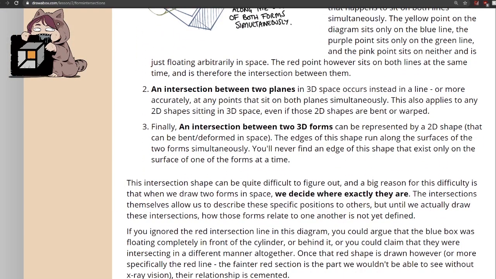Finally, an intersection between two 3D forms can be represented by a 2D shape that can be bent or deformed in space. The edges of the shape run along the surface of the two forms simultaneously. You'll never find an edge of this shape that exists only on one surface of the forms at a time.